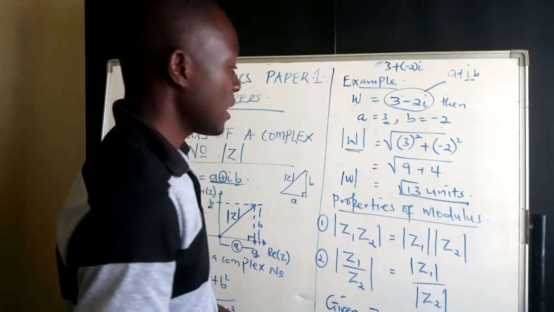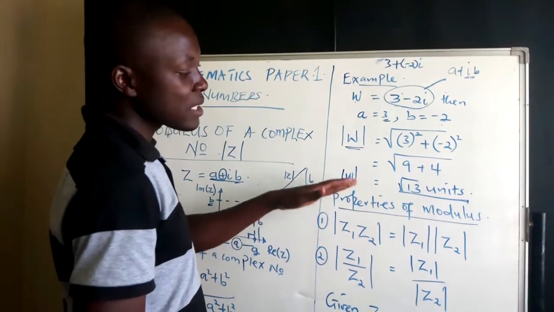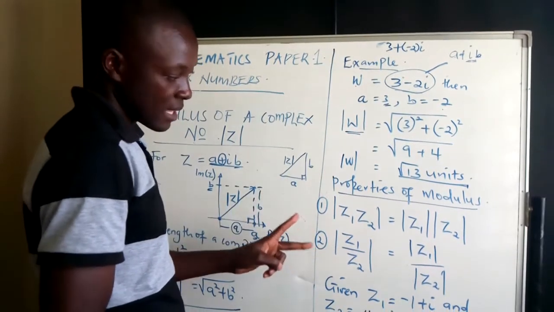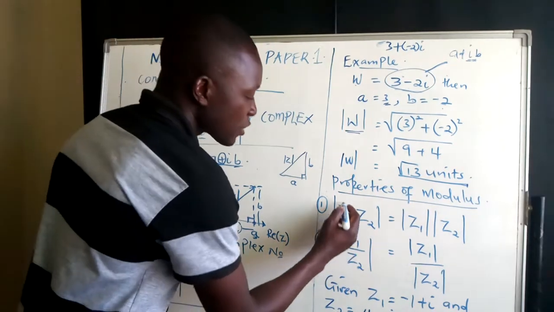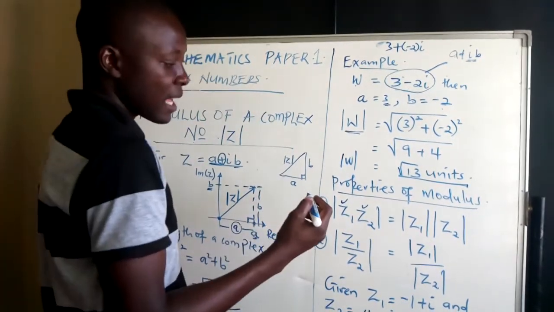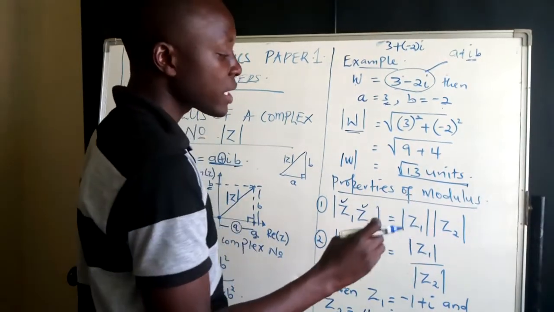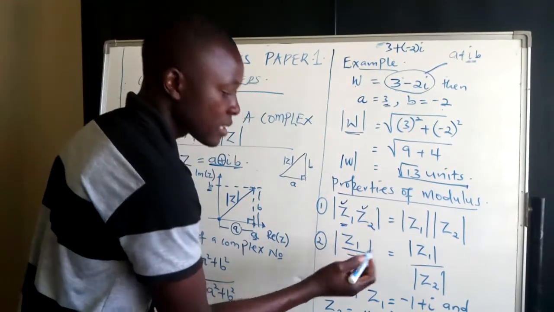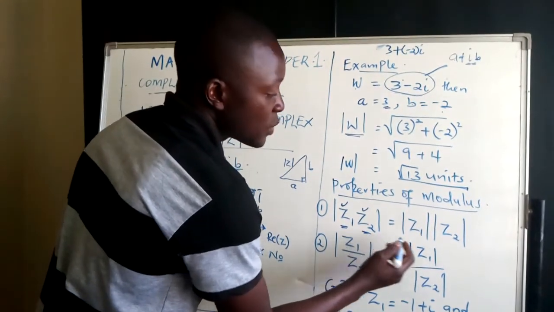Now we are looking at the modulus and we want to see some of its properties. There are two properties. The first property says if we are taking the modulus of a product of two complex numbers, it is the same as taking the product of the modulus of each of the complex numbers, meaning we get the modulus of the first complex number, we get the modulus of the second one, and then we multiply them.